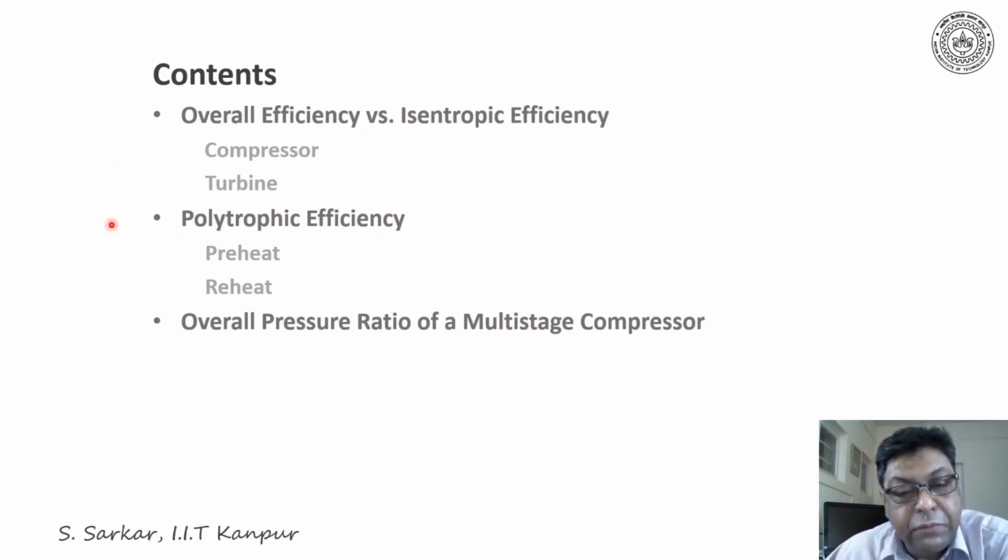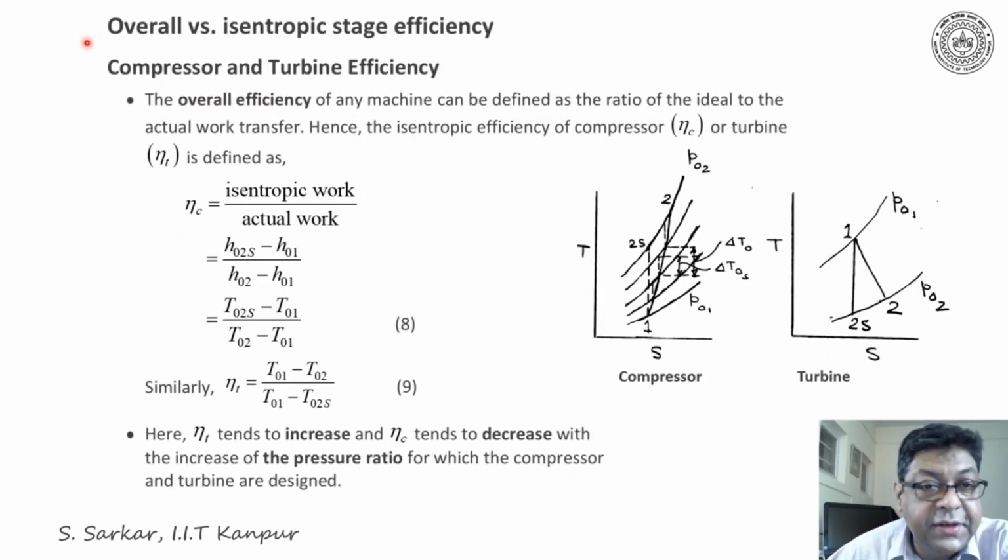Then I'll discuss polytropic efficiency, what is preheat and reheat. Then I'll derive the expression for overall pressure ratio of a multi-stage compressor. I'll initiate the discussion with overall efficiency versus isentropic stage efficiency of compressor and turbine.